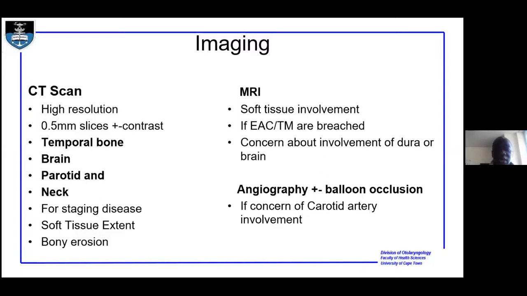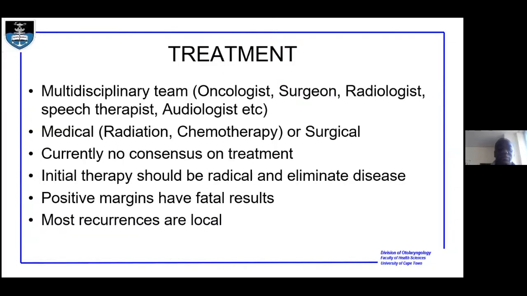In terms of the MRI, it's mainly for soft tissue involvement, especially if the external auditory canal and tympanic membrane are breached, and if there's any concern about the involvement of the dura or brain. Angiography, with or without balloon occlusion, can be done if there's any concern of a carotid artery involvement.